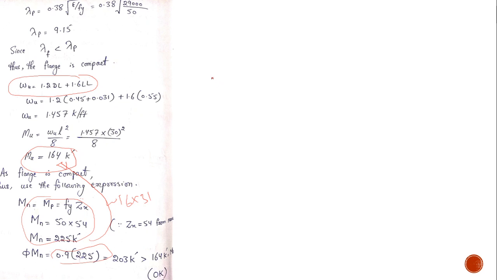So if you have to solve it using the ASD approach, you simply add up dead load and live load, and based on this, find the Mu value, and that would be compared with the same 225 divided by factor of safety, 1.67. The thing is, I have solved it using LRFD, because I have used the factored load.